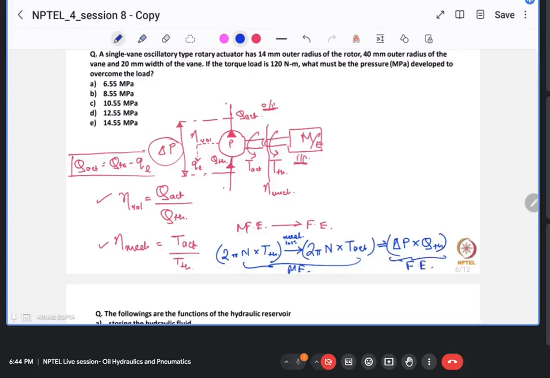I'm considering that in this particular conversion there is no loss. Then what you're getting is actually the output, that is delta P into Q actual. So these two are the fluid energies, this term and this term. In between this, you have the leakage and compressibility losses.